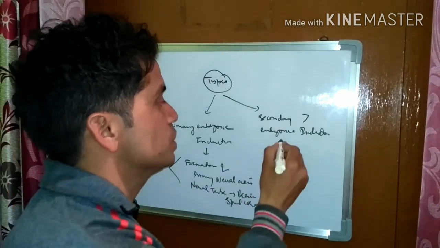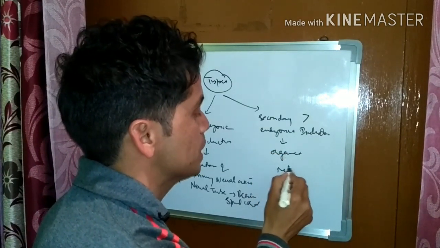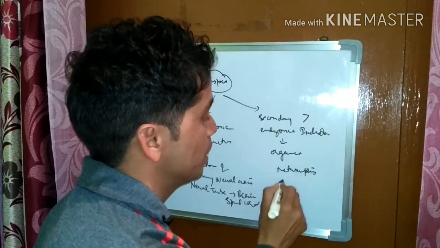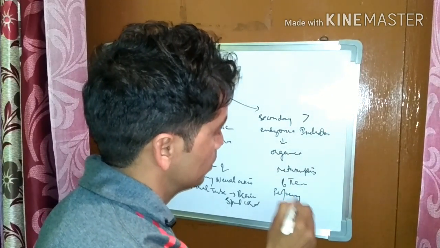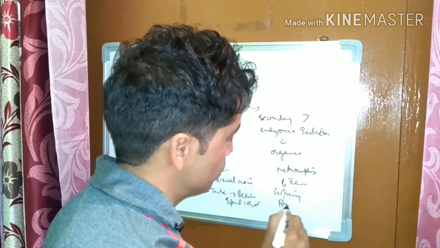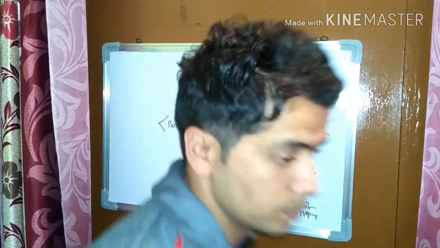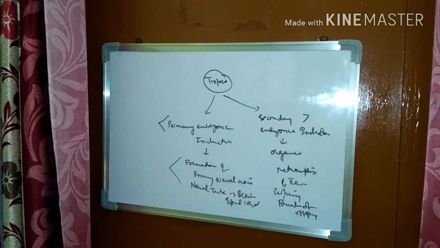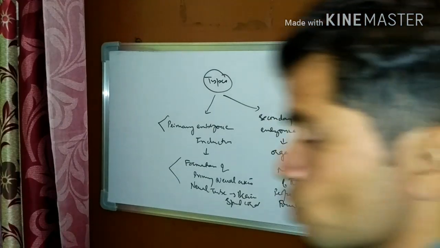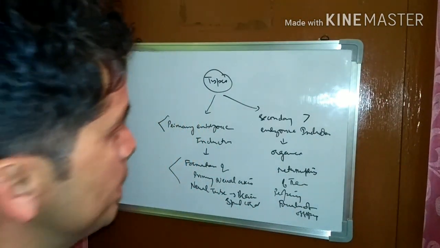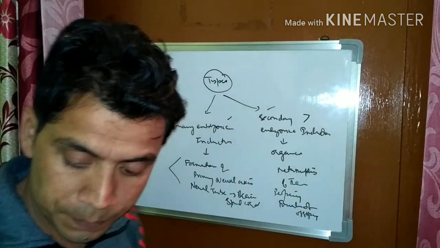And secondary induction is the formation of organs, metamorphosis of them, proper formation of the offspring. So this is the type and meaning of primary and secondary embryonic induction. I hope it is clear to you.